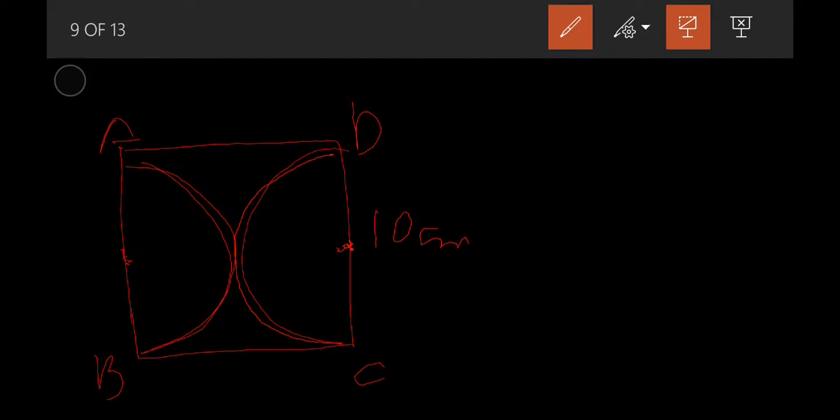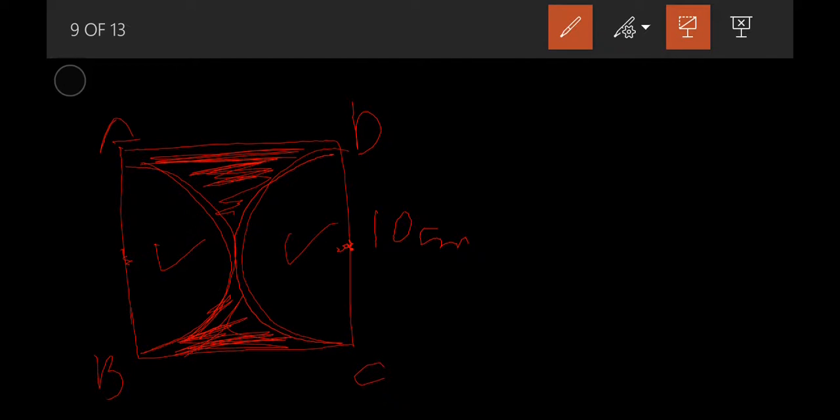If you subtract the area of these two semicircles, then you can find this area. If you join them, it will be one total circle. So if you subtract the area of the circle from this square, then you find this region.